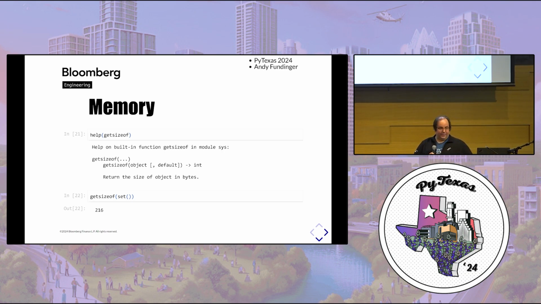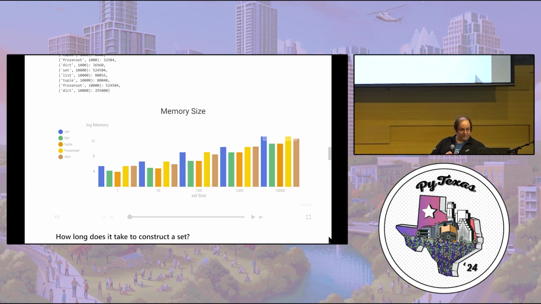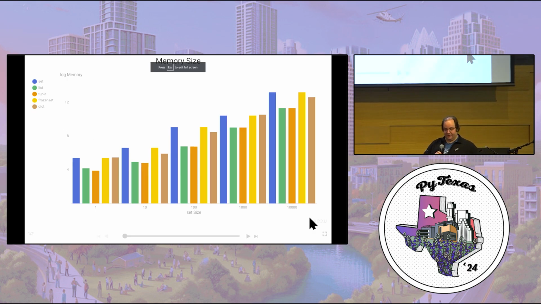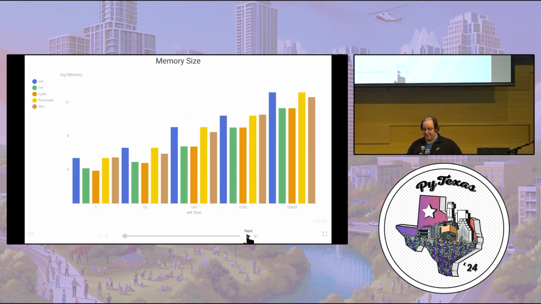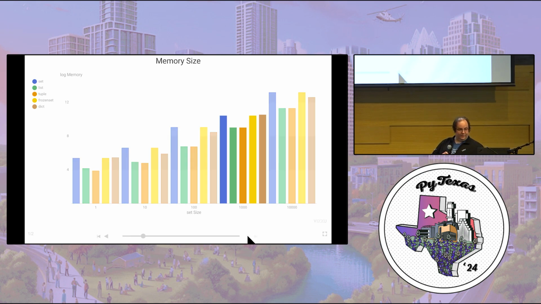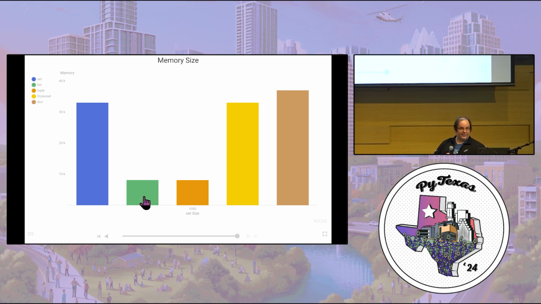Okay, but it might matter a little bit how many items we put in the set. So let's go ahead and take a look at that. I am using the log of memory, so this is a log scale. Otherwise, things get very distorted. So we'll zoom in on 1,000 items, and I'll take that log scale off just so we can see it.